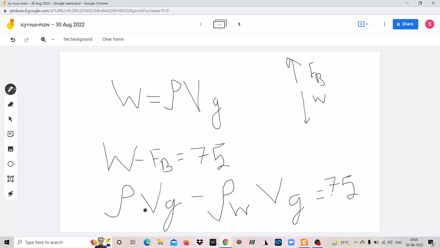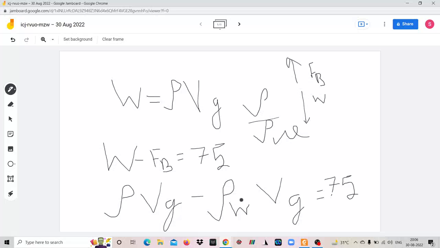Now from this equation, rho w is known, V is not known, rho is not known. But this is equal to 75. G is known. So using this equation, what you have to find is rho by rho w.